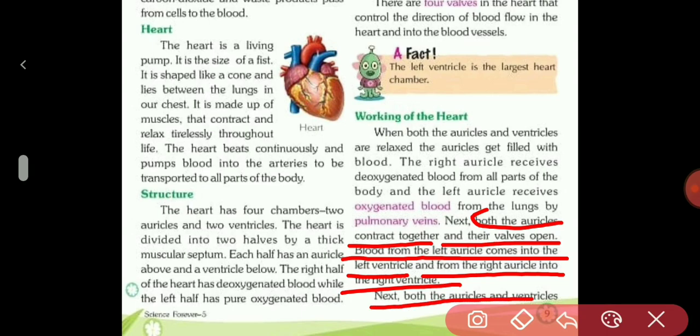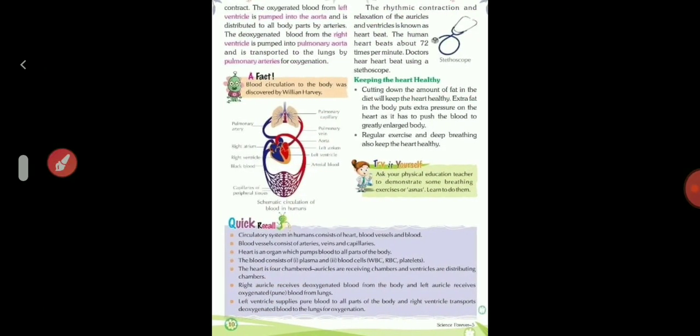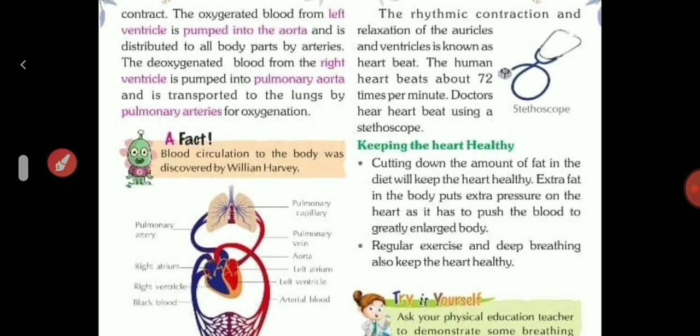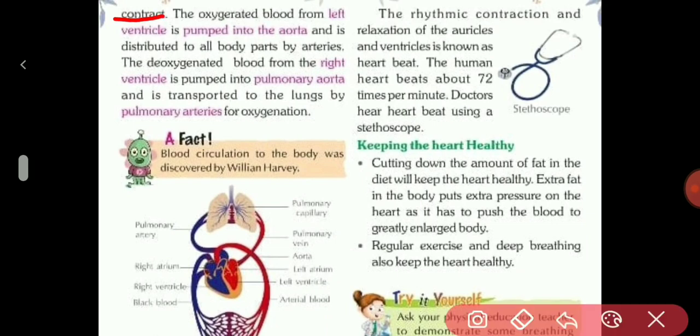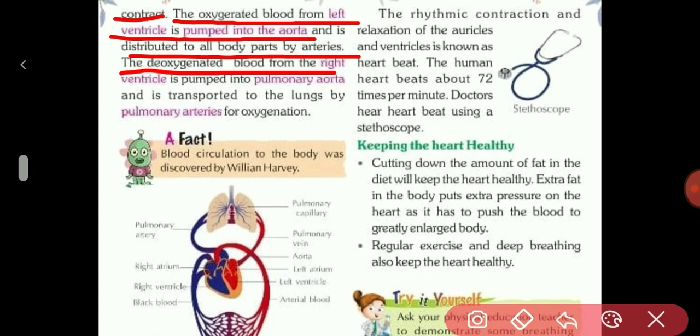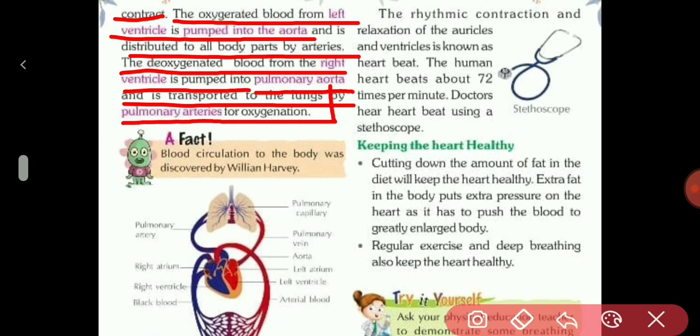Next, both the auricles and ventricles contract. The oxygenated blood from left ventricle is pumped into the aorta and is distributed to all body parts by arteries. The deoxygenated blood from the right ventricle is pumped into pulmonary aorta and is transported to the lungs by pulmonary arteries for oxygenation. So this is the answer you have to write.